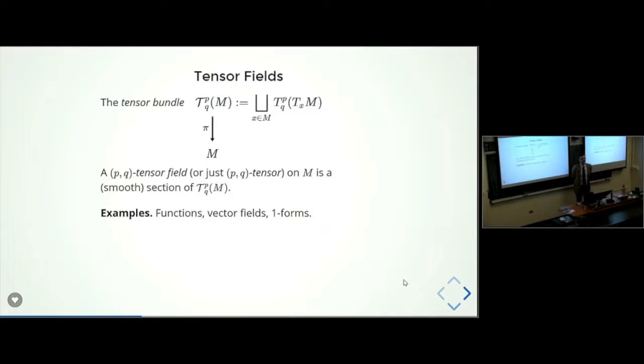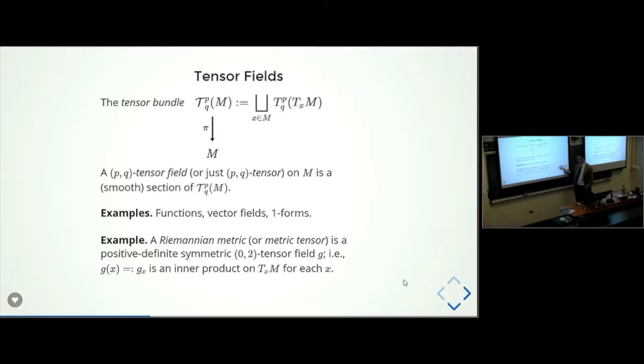So what's a (p,q) tensor? It's a thing which at each point eats p covectors and q vectors and spits out a number in some multilinear way. Functions, vector fields, one forms are examples of a 0,0 tensor, a 1,0 tensor, and a 0,1 tensor.